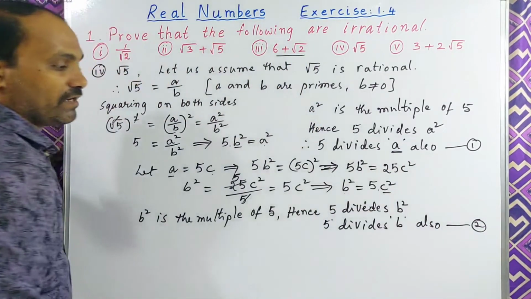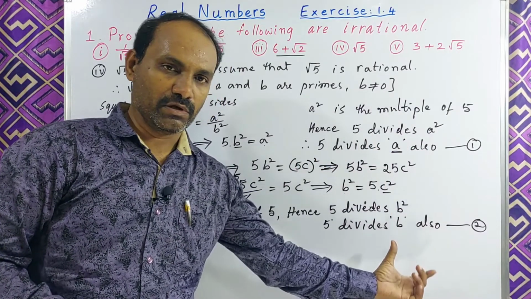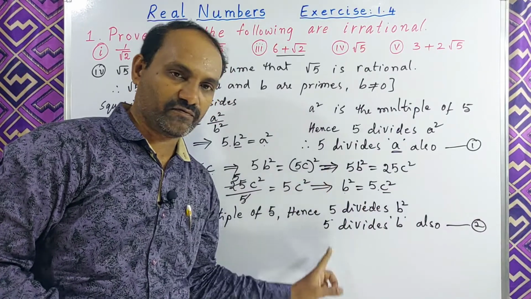From 1 and 2, what did we get here? 5 divides a, 5 divides b also. What does it mean? a and b both have common factor 5.